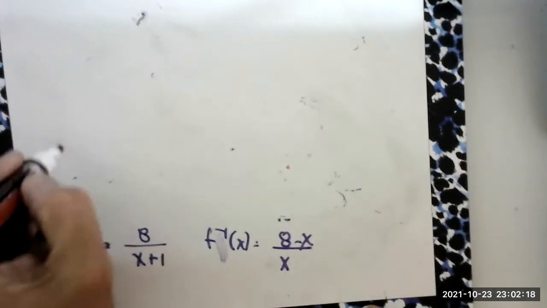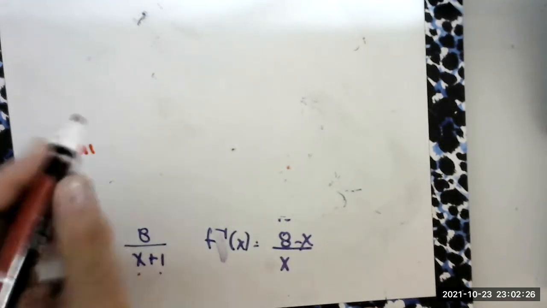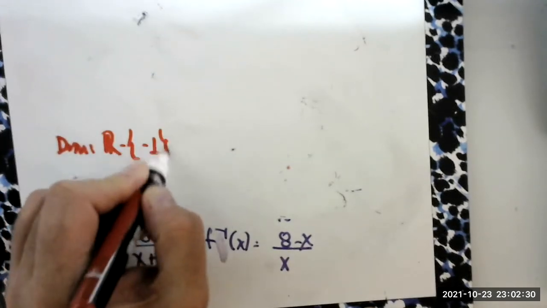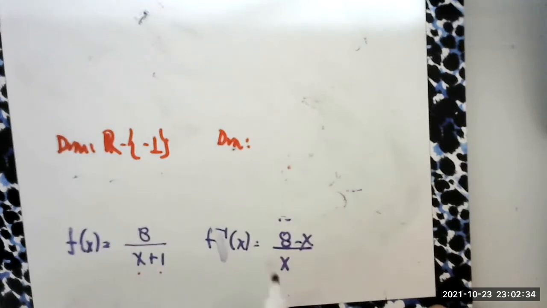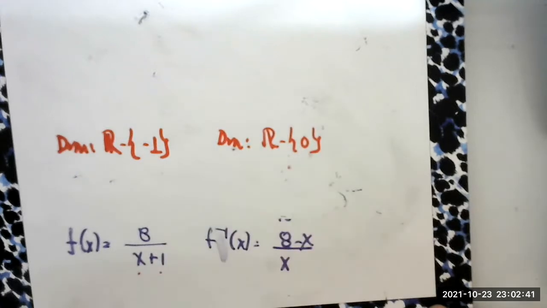So now, what is the domain? Of course, I must avoid -1 because -1 plus 1 will be 0. So the domain will be all real numbers except -1. The domain of the inverse: I need to avoid 0 in the denominator, so it will be all real numbers except 0.